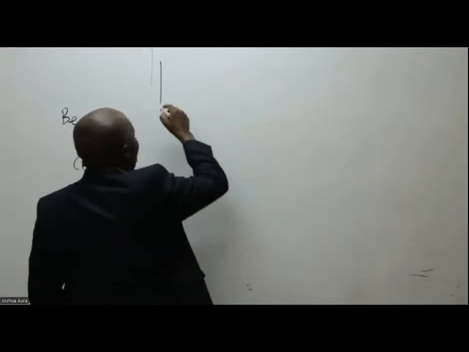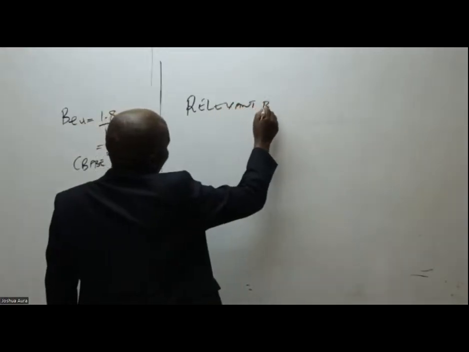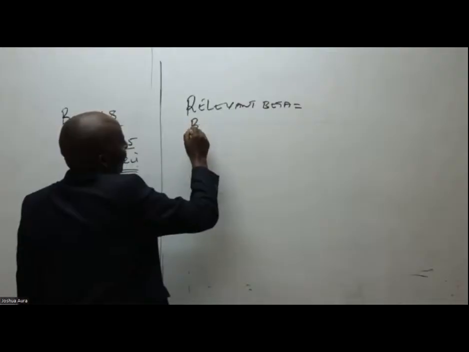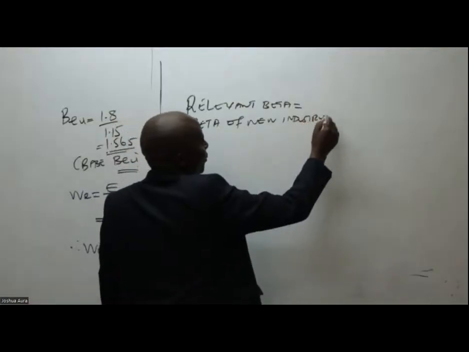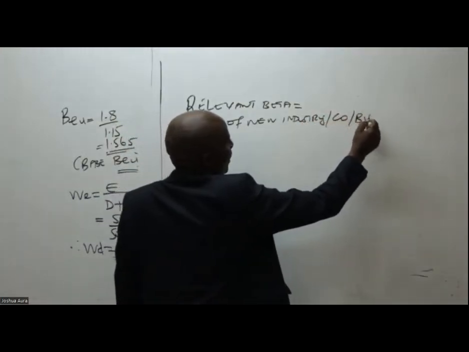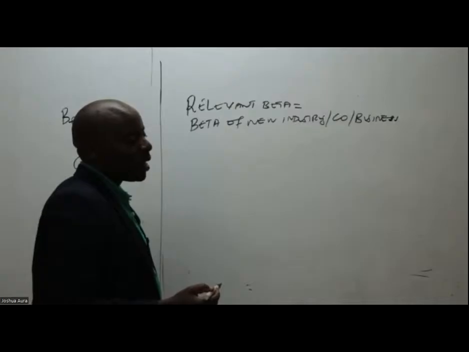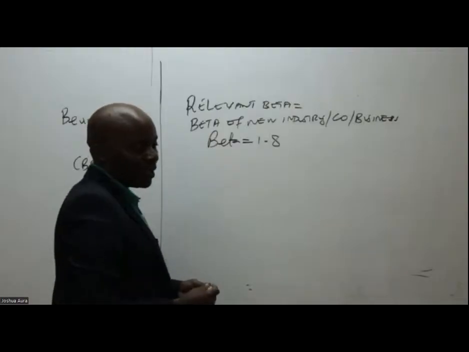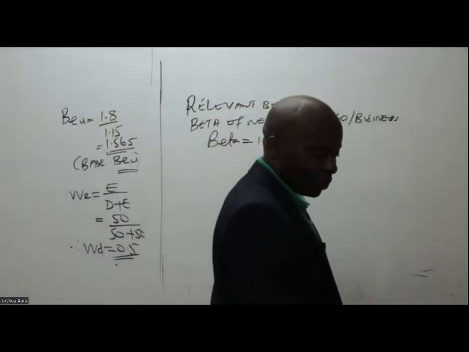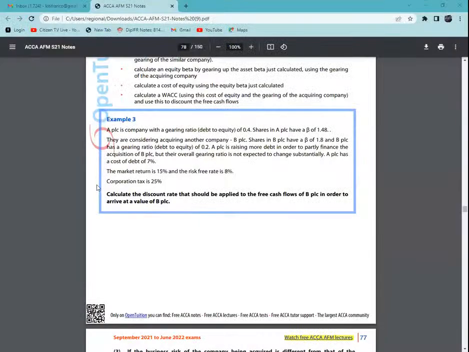The relevant beta is the beta of the new industry, new company, or new business. And the beta they have given me is 1.8, the beta of the new business.